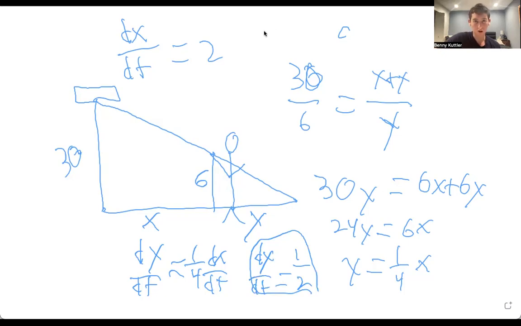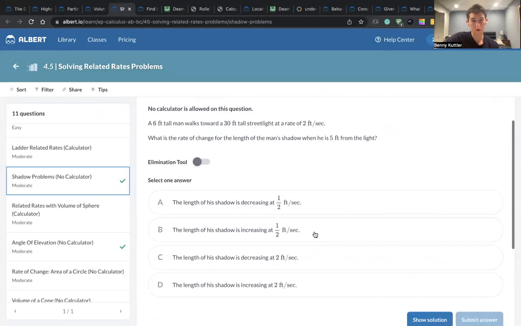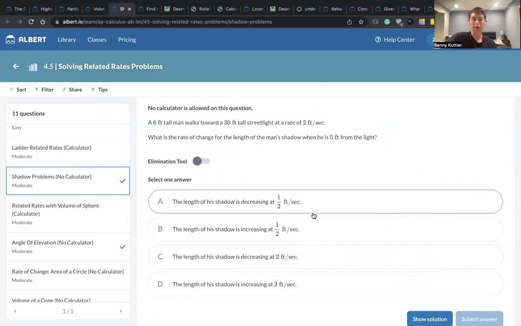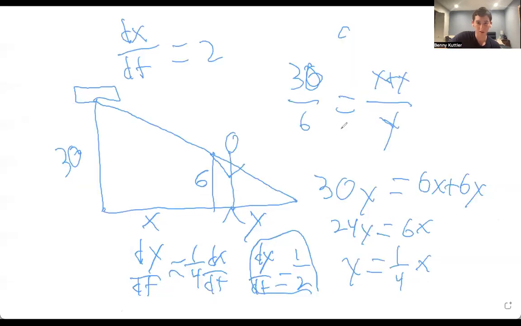Now, if we go back to our problem, we'll see that 1/2 is on here twice. Looking if the length of the shadow is decreasing at a rate of 1/2 foot per second or increasing at that rate. So if he's getting closer to the street lamp, the shadow is going to be getting more narrow, because when I did the problem, the rate of change of x was actually negative. If we look back to the whiteboard, x is decreasing.